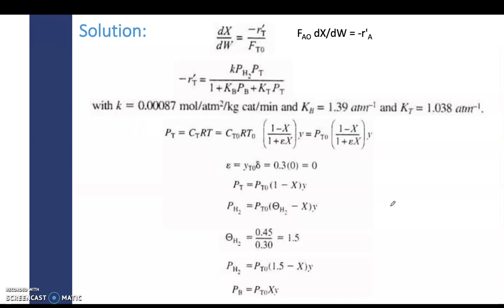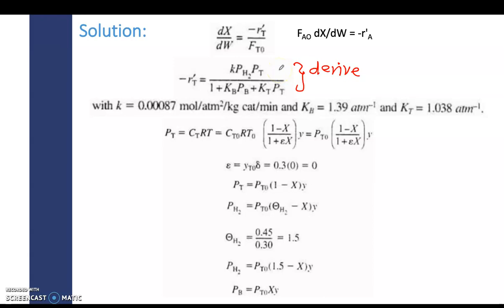So I need you to go back and have a look at this one. This is actually your knowledge from reaction 1. So this is the rate law that you derived previously, so you will use this rate law.